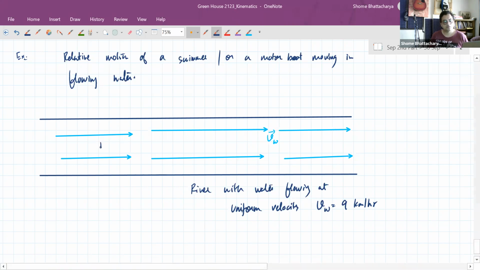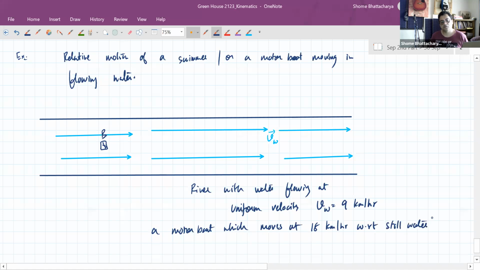Now there is a motorboat which moves at 18 kilometers per hour with respect to still water.